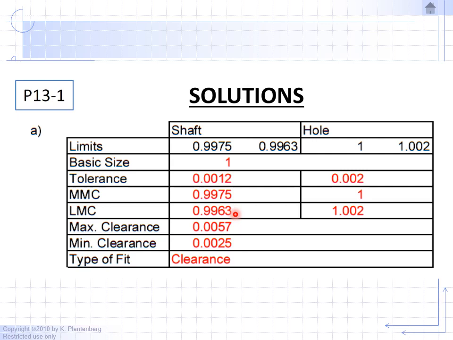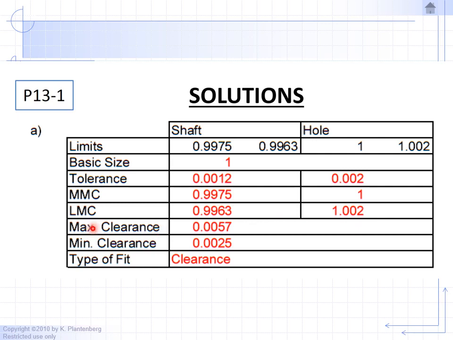Now for the block with the hole, it's when you have the larger hole. The larger the hole, the more material you remove, and the lighter the block. So the least material condition for the block is when you drill the larger hole, removing the most material allowed, which is 1.002 inches in diameter.